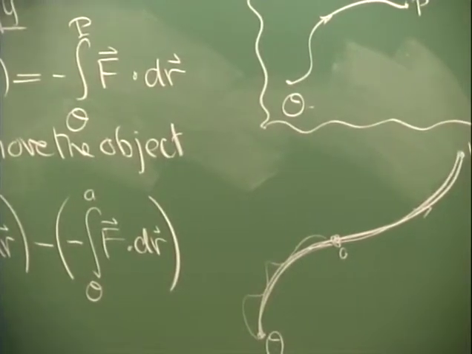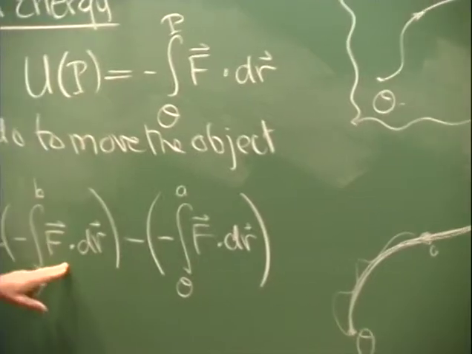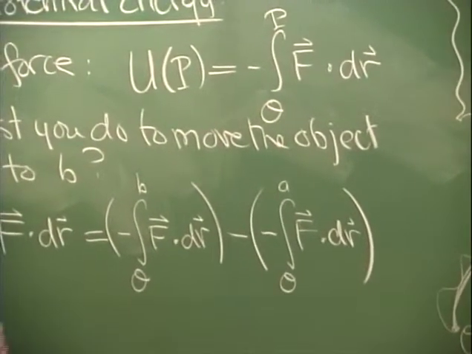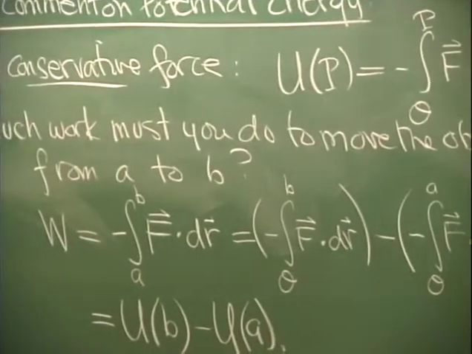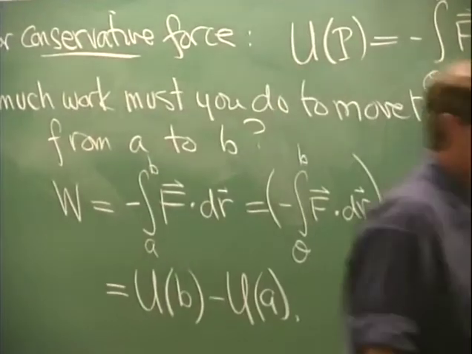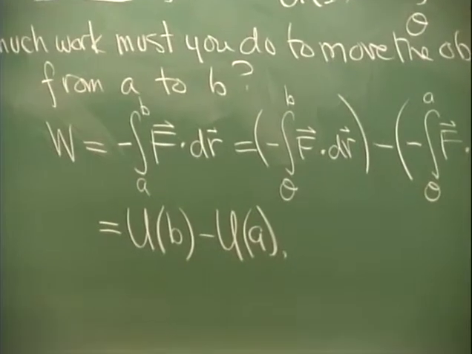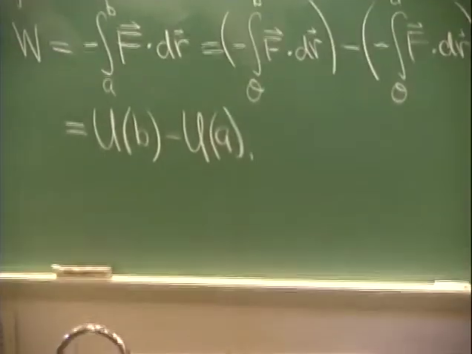What's the point of doing this? Well, you recognize here is the potential energy at point B, and here is the potential energy at point A. So this is nothing but U of B minus U of A. So there's a handy expression that the work you must do to move an object from point A to point B is the potential energy at the end minus the potential energy at the beginning.